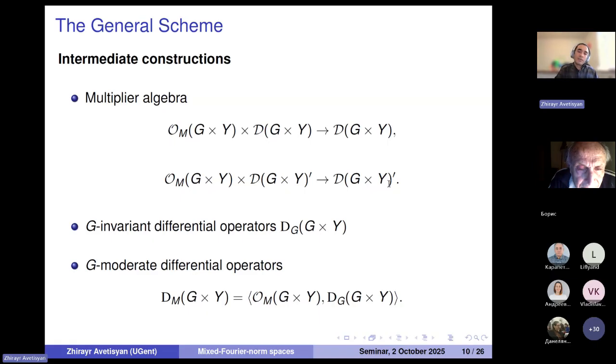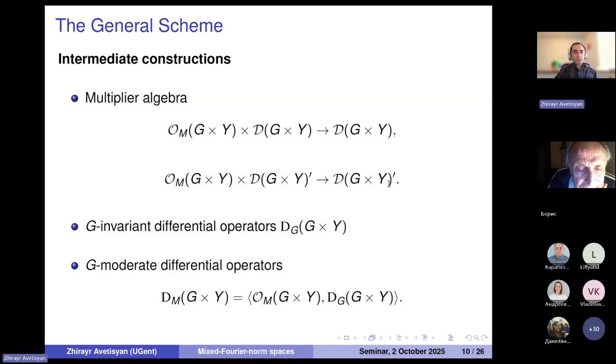And all operators on this product, G cross Y, which are invariant with respect to this action, are called G invariant. You can think of them as differential operators with smooth coefficients not depending on the group coordinates, depending only on the Y coordinate, not depending on X.